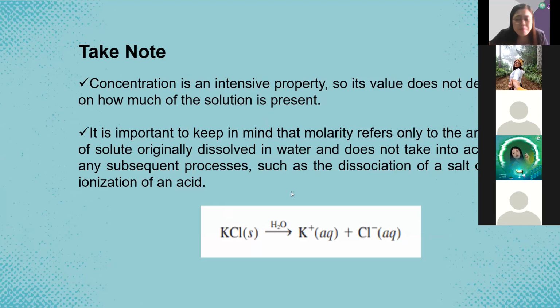Next, it is important to keep in mind that molarity refers only to the amount of solute originally dissolved in water, and it actually does not take into account any subsequent processes, such as dissociation or ionization of our salts or acid. So example, you have your NaCl. This is our table salt, right?